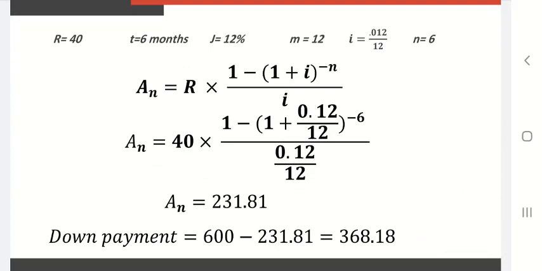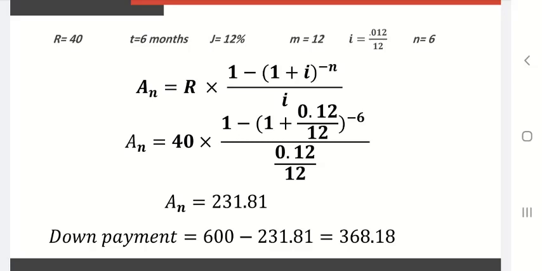To get the down payment, we substitute R equal 40, the total time T equal 6 months, J equal 12, M equal 12, I equal J over M, which is equal to 1%, and N will be equal to 6.